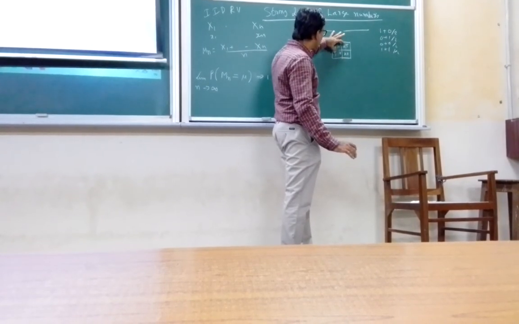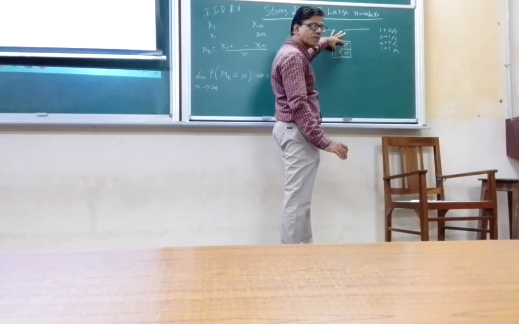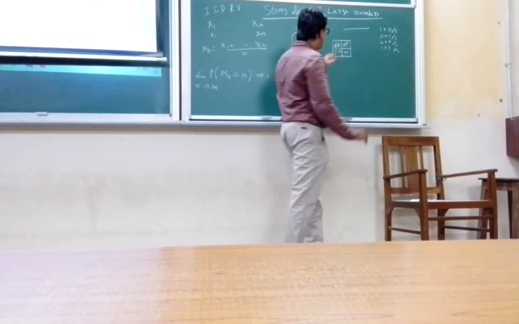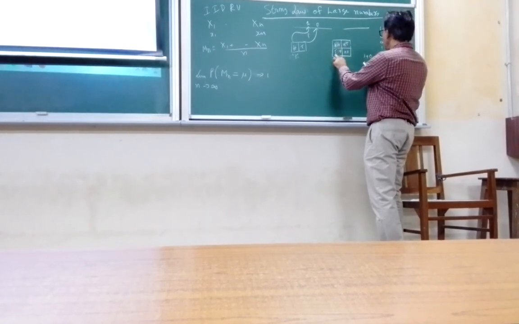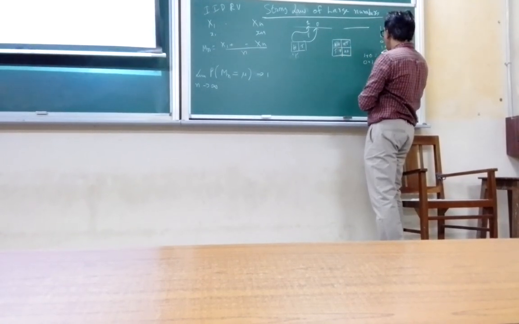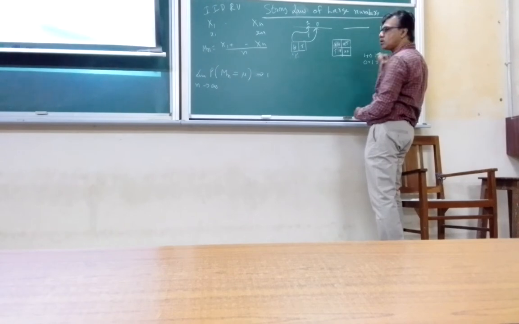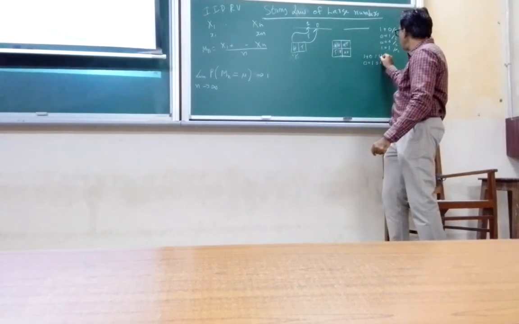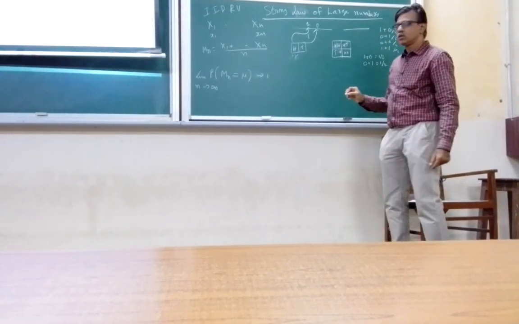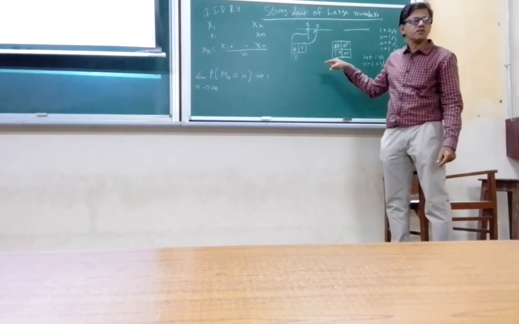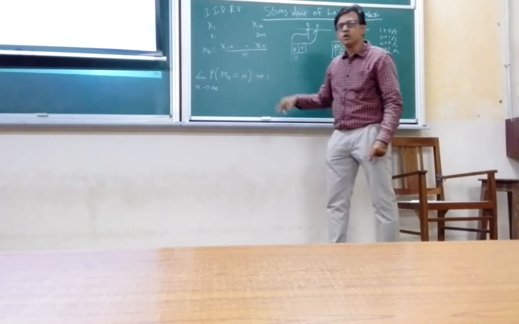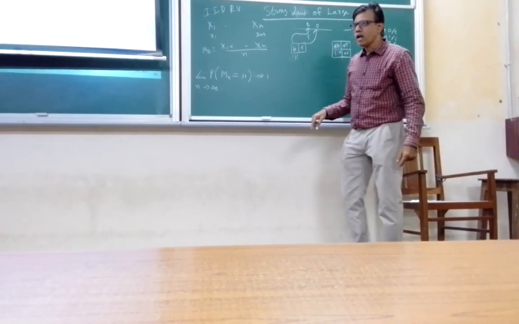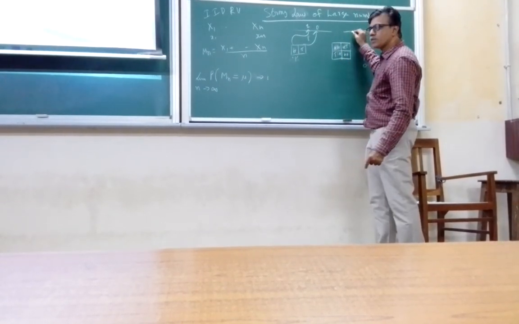These are the two cases, HT and TH. HT means 1 plus 0, TH means 0 plus 1. So for both, the total is 1 and the average is 1 by 2. So these are the two events which lead to the case that M_2 is equal to mu. This is what happens.